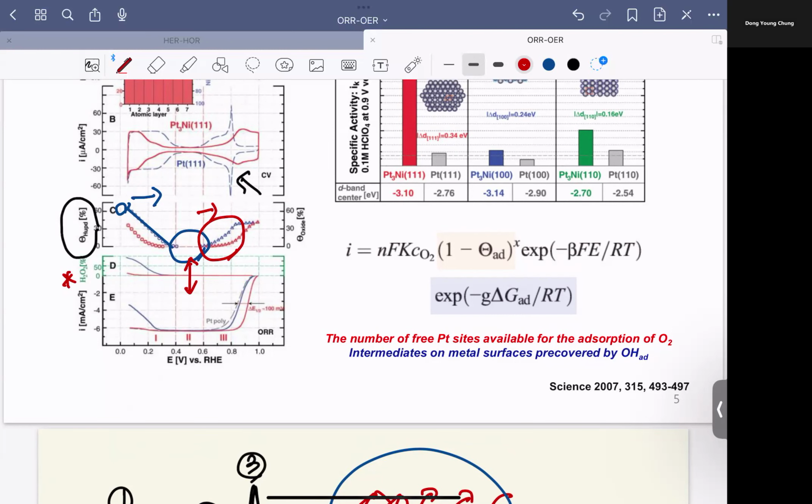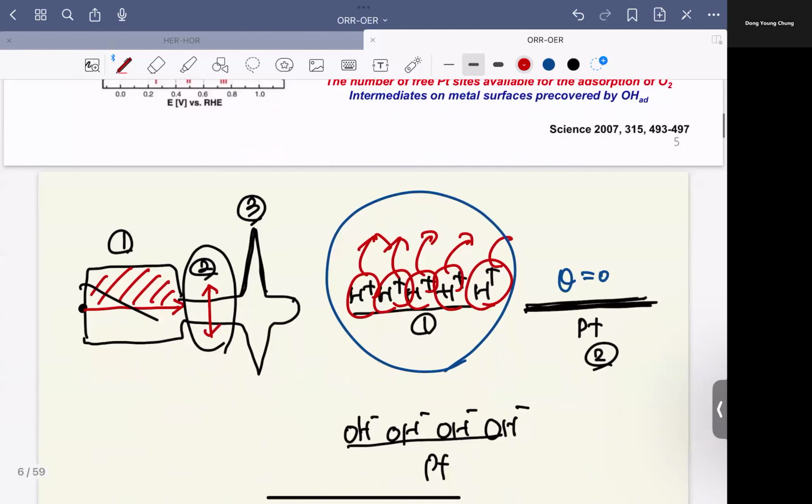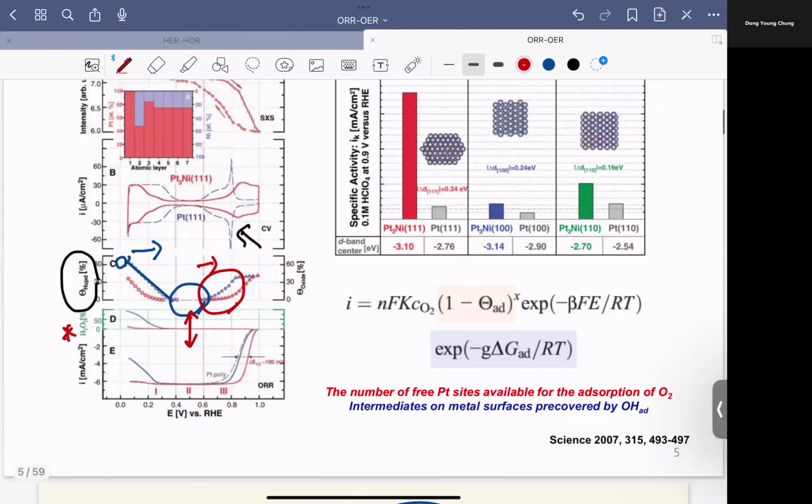So as you can see, the critical point is that in regions 1 and 2, there is high activity for ORR. However, what about region 3, for example, when OH is covering the surface, right?